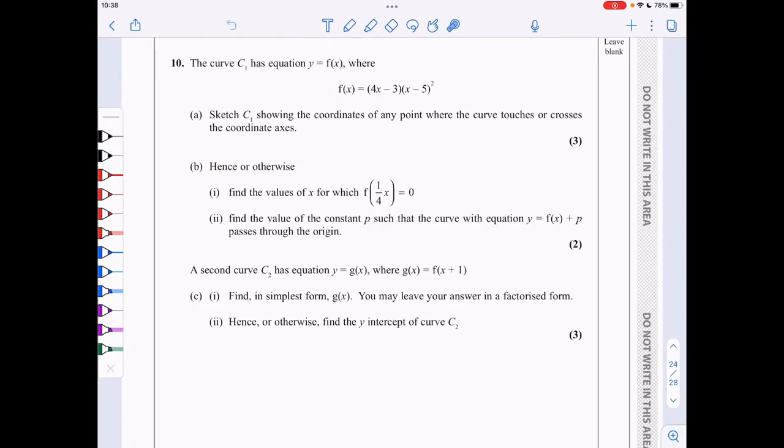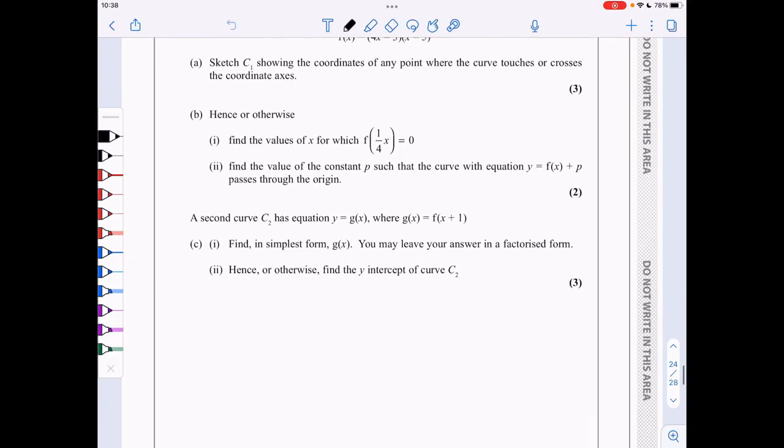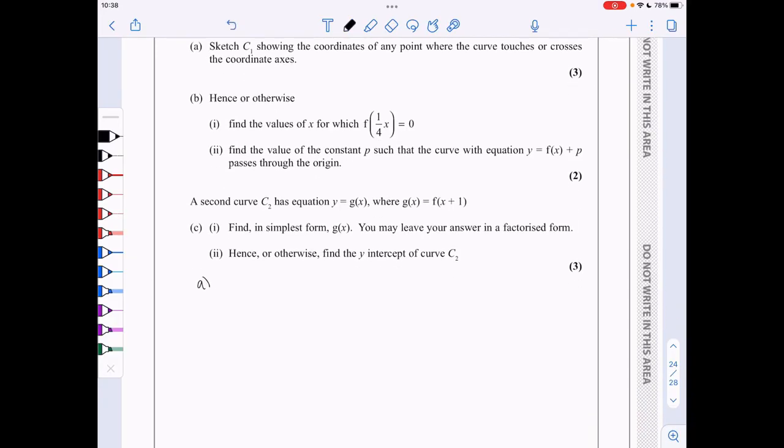In question 10, we are told that f of x is (4x minus 3) times (x minus 5) all squared, and we need to sketch this curve showing the coordinates of any point where we touch or cross the coordinate axis. Now if we expand this, we see that it's a cubic with a positive x cubed coefficient, which means that the shape will be like this.